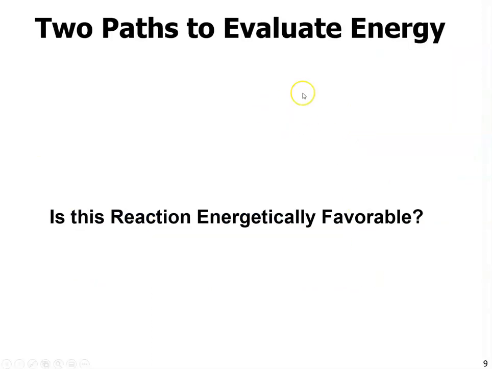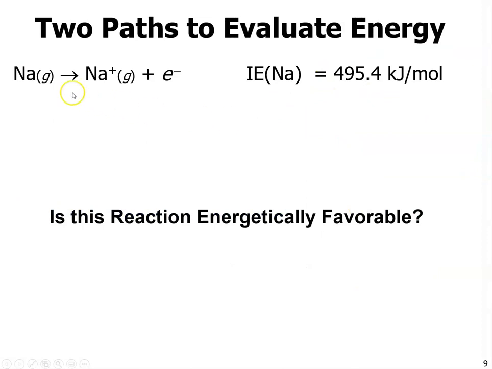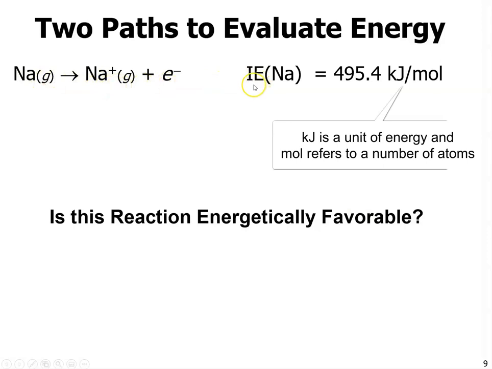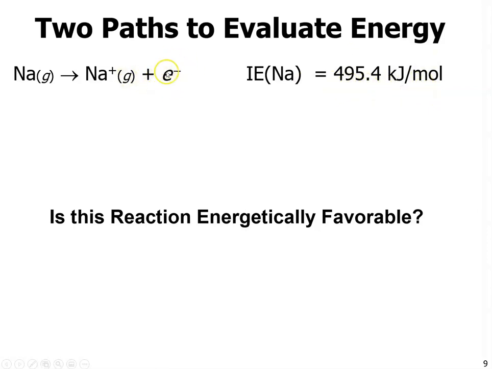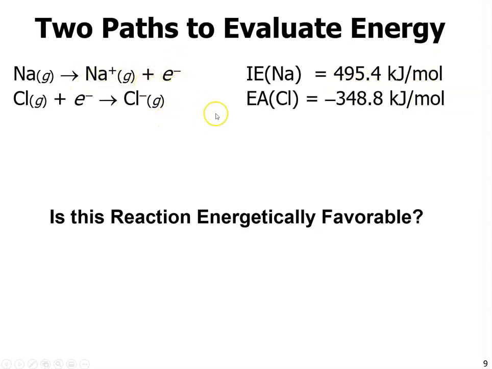So there are two different pathways to evaluate this energy. First, we're looking at the sodium releasing an electron, so the ionization energy of sodium. That's going to cost us 495.4 kilojoules per mole of energy. So we have to put in that amount of energy to rip off that electron from the sodium element. However, when we add an electron to chlorine and make a chloride ion, that actually releases energy, 348.8 kilojoules per mole.